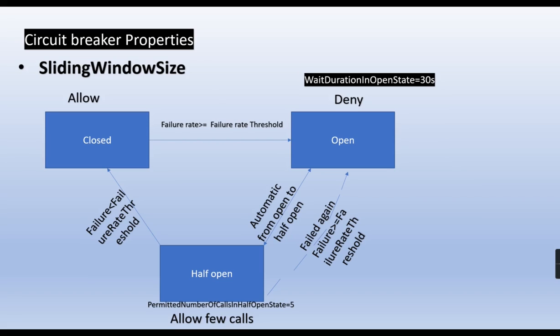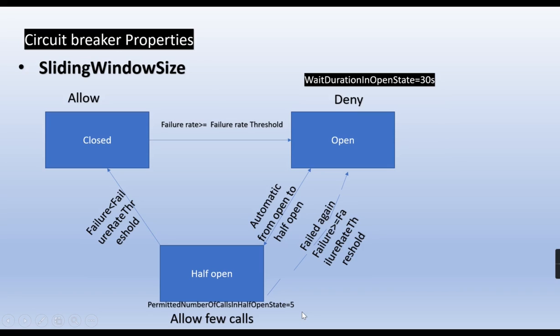Here in half open, services again try to hit. It will check whether the failure rate is less than the failure rate threshold. That means it would go to closed again. Suppose in case it is failing again. For that we need to set one value in half open: the permitted number of calls in half open state equal to 5.